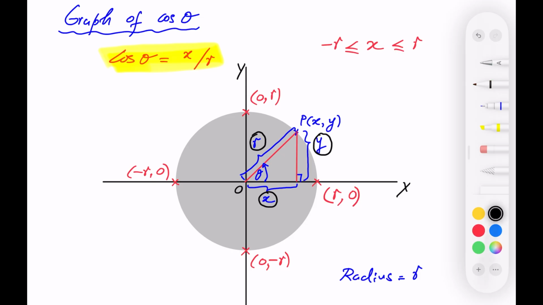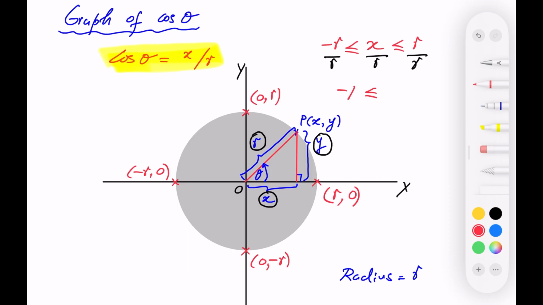Please note that we defined cosine theta as x over r. Now if I go ahead and divide all of this inequality by r, r is the radius and r is a positive value always. So dividing an inequality by a positive quantity will not change the inequality. So when I divide everything by r, that inequality then becomes, this is going to be equal to negative r divided by r is equal to negative 1.